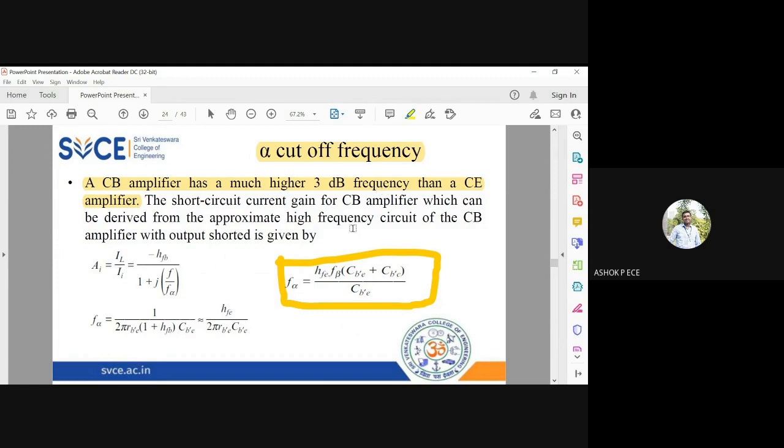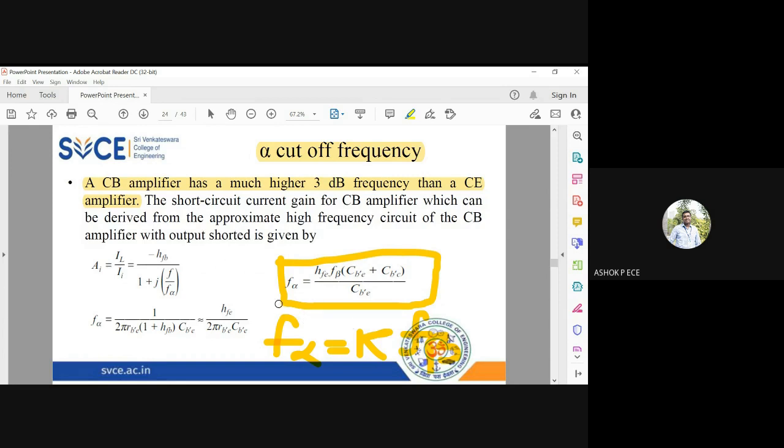So gain of common emitter configuration may be very high, but the bandwidth is very large only in the common base amplifier, because we find here f alpha equal to some constant K into f beta, which means that f alpha is very high compared to f beta. So the cutoff frequency for common base configuration is much larger compared to that of common emitter.